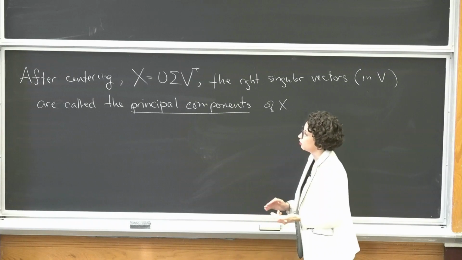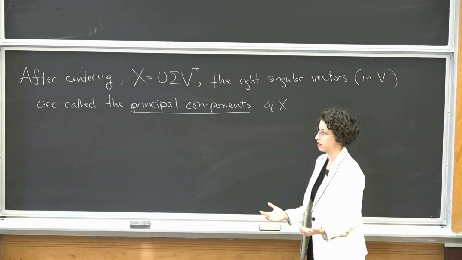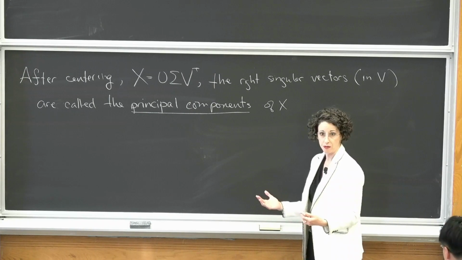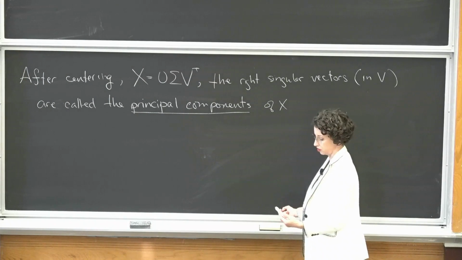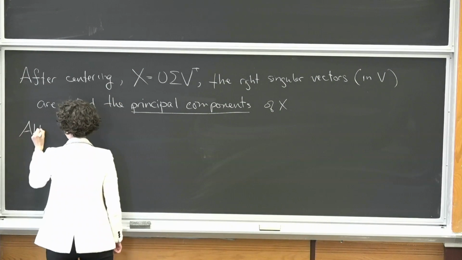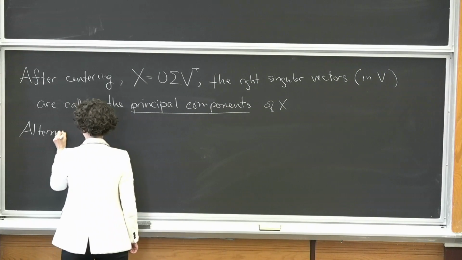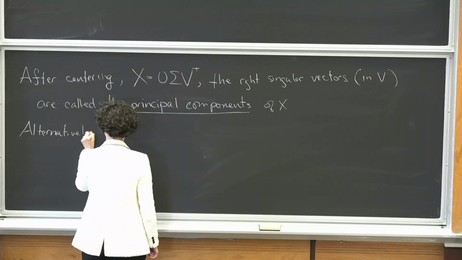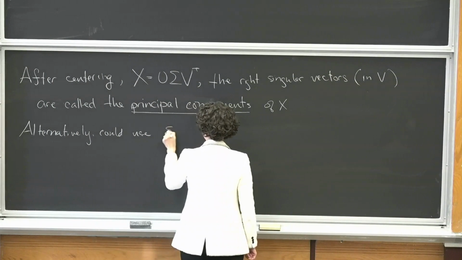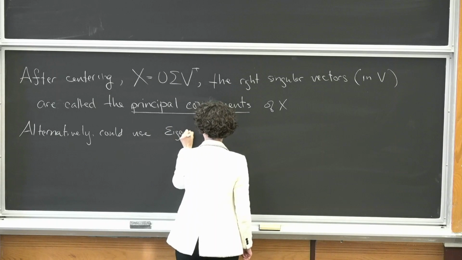But one thing that you will see in many different descriptions of PCA is an alternative way of computing the principal component directions. Alternatively, we could use something called the eigendecomposition.